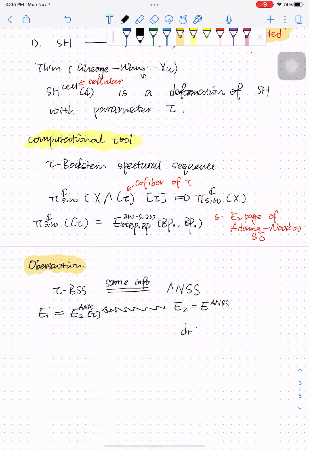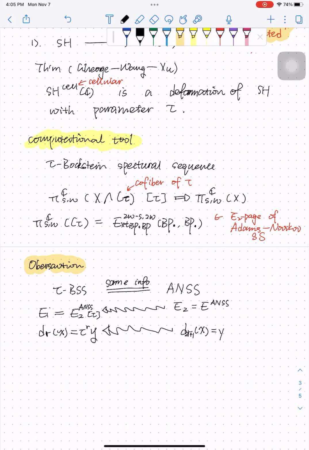And the differential dr from x to y corresponds to a d_{2r+1}, where a dr on x kills tau to the power of r times y.